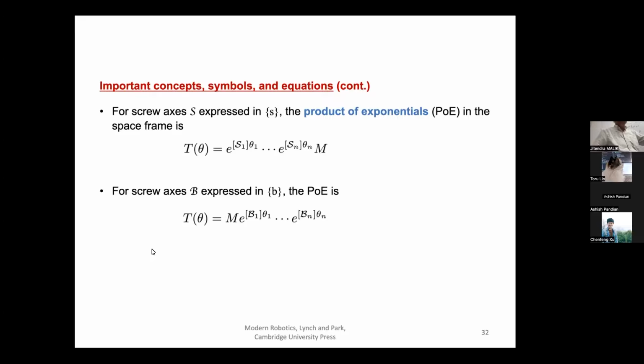So that's what is going on here. So you get the original configuration, the base configuration M, and then this product of exponentials, right? Because there's one exponential corresponding to each joint of the robot. So suddenly this should make sense.